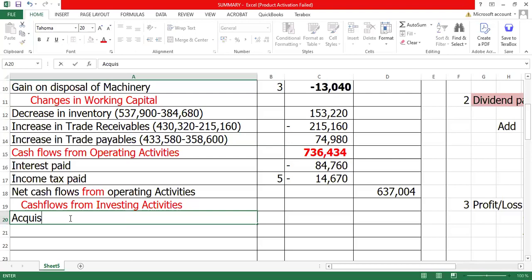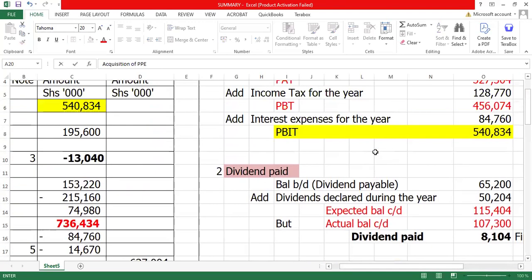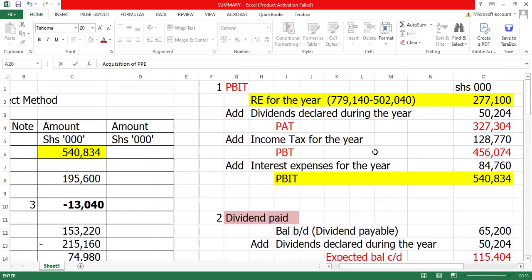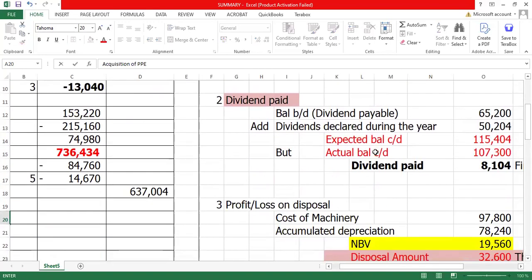Acquisition of what? Of PPE. That was note number what, colleagues? Number 4.